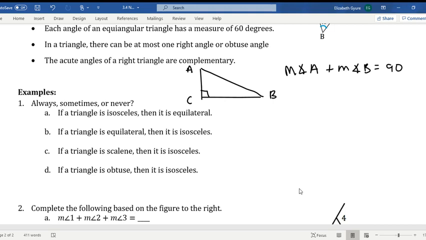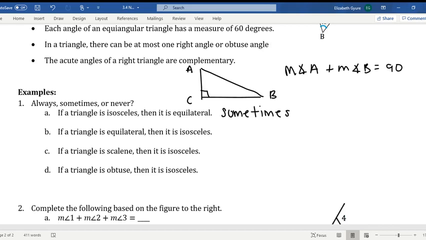Sometimes, absolutely. Because if you go to your vocab, this one can be tricky because it can seem like a never, because you're like, oh, isosceles means there's 2 congruent. But if you go to your vocab, doesn't it say at least 2? So that means it's sometimes. So make sure you pay attention to that little bit of vocab there.